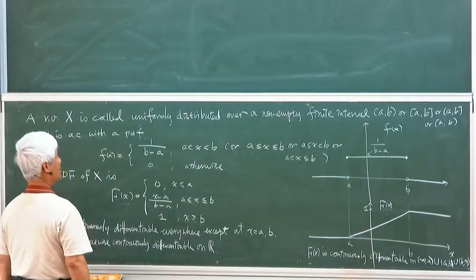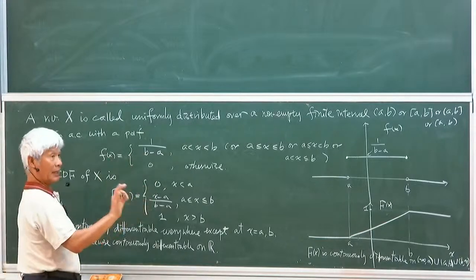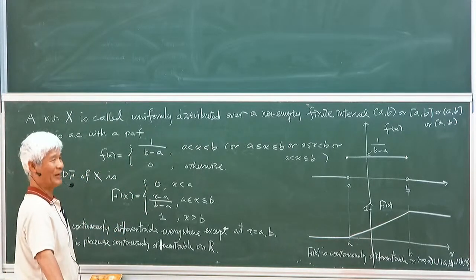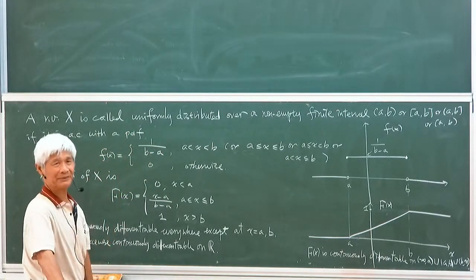And at the point when x equals a or b, you can assign an arbitrary non-negative number. You can assign 0 or 1, or this number is arbitrary.